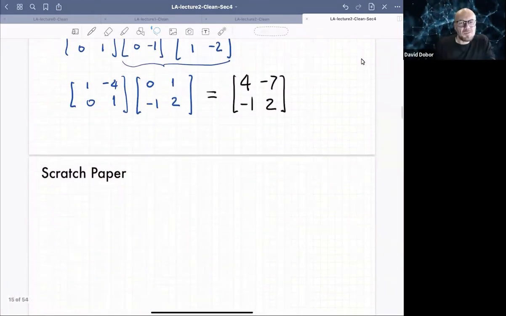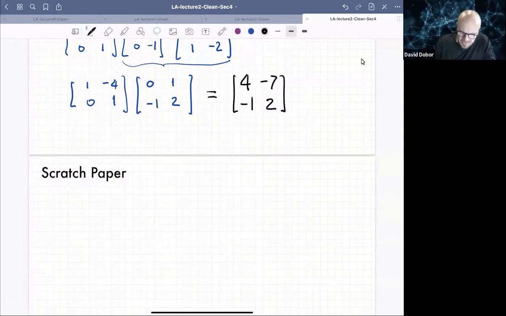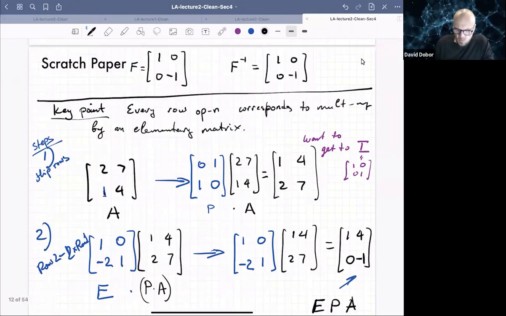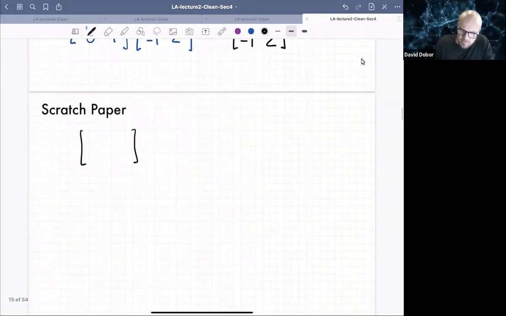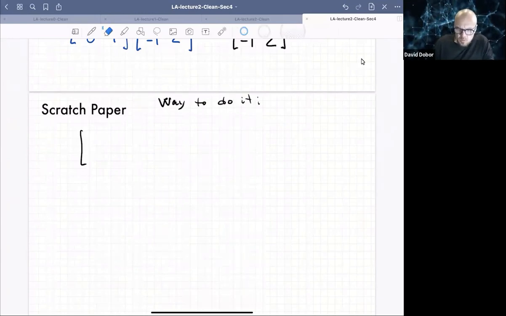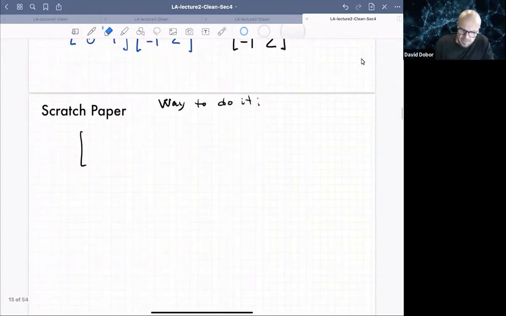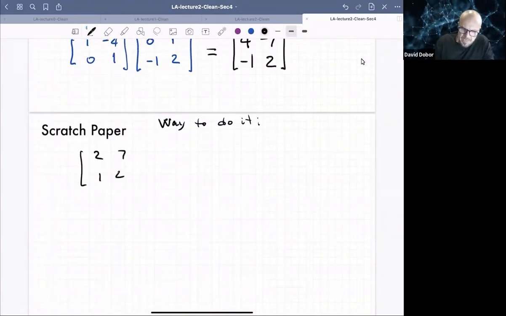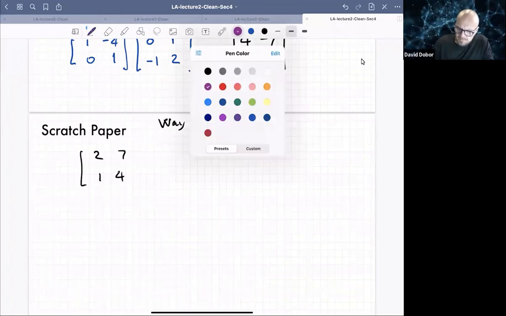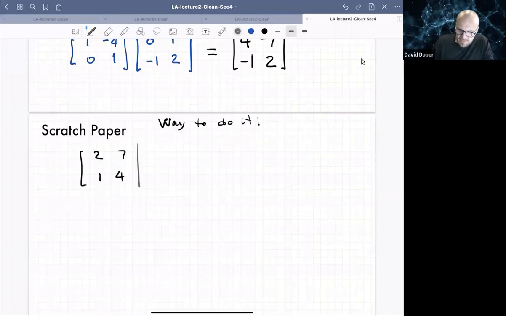But now to actually compute it, you do the following. You write down the original matrix A, which is 2714. You take the original matrix, 2714, if I'm not mistaken, and you add to it, on this side, the identity matrix, like this.